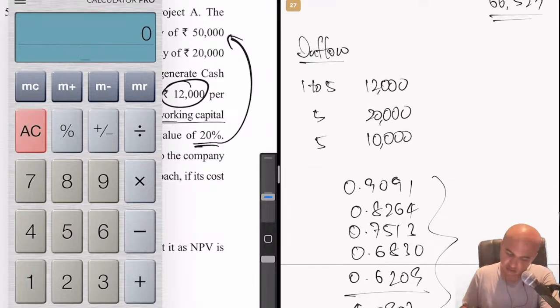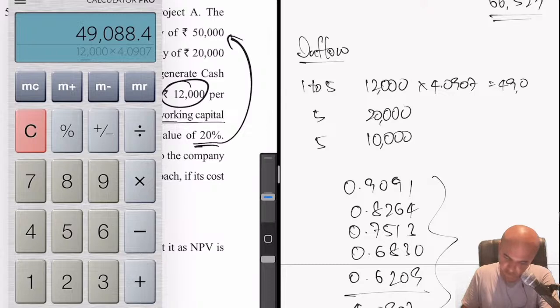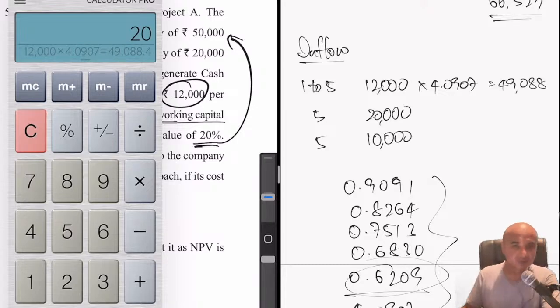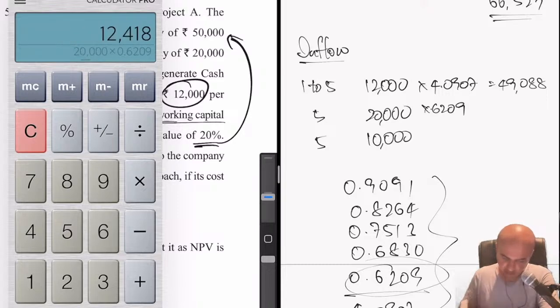Okay, into 4.0907. 12,000 into 4.0907, which will be 49,088. Then fifth year is 0.6209. Okay, 20,000 into 0.6209 will be 12,418.